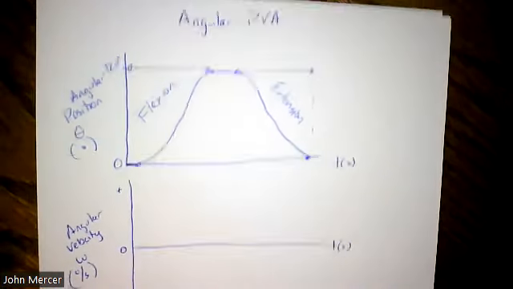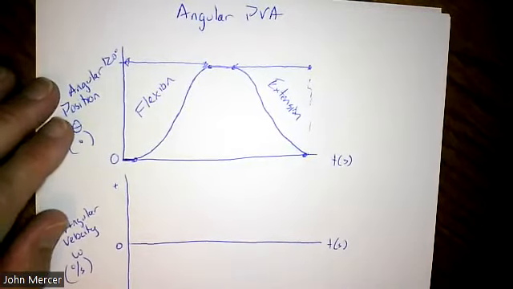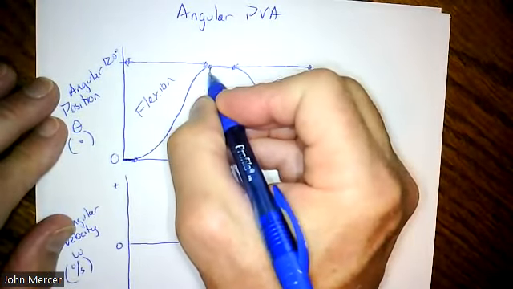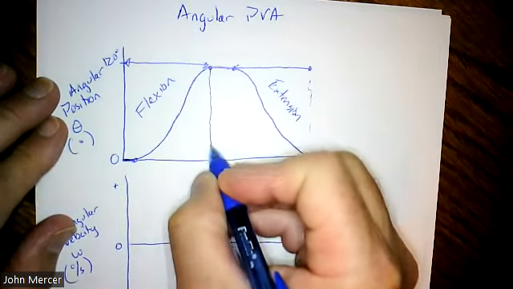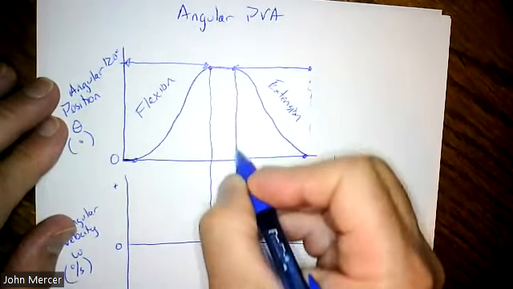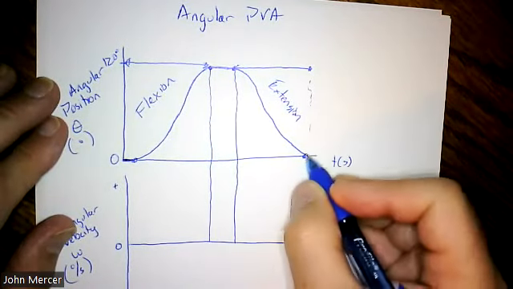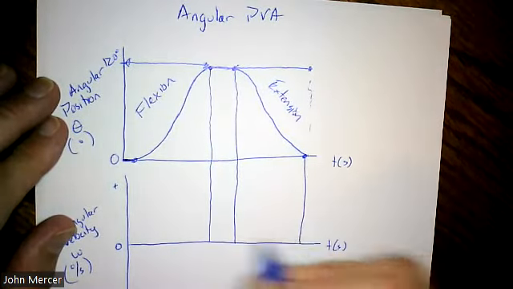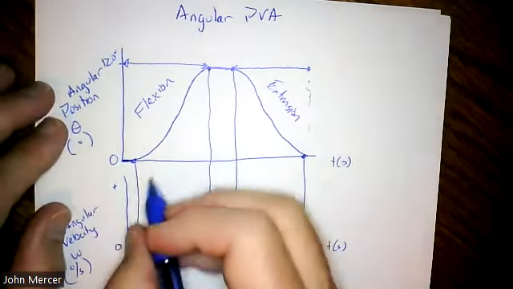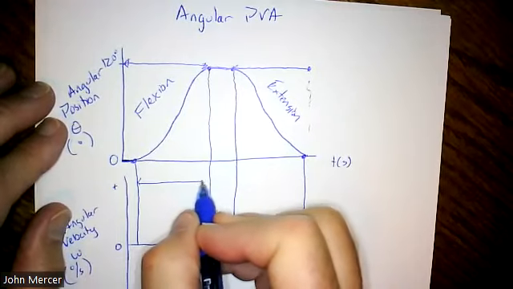All right, so now what I want to do for purposes of getting velocity is drop these points down to the next plot. So I'm going to go all the way down to here. Go all the way down to here. I'm going to identify the different phases of movement by those discrete events. So this is still flexion.